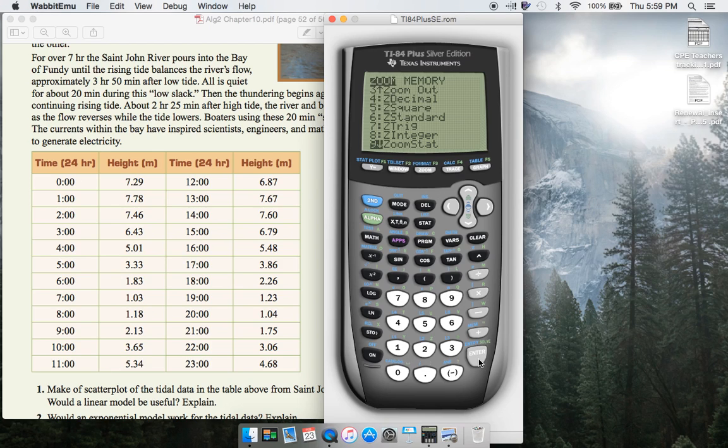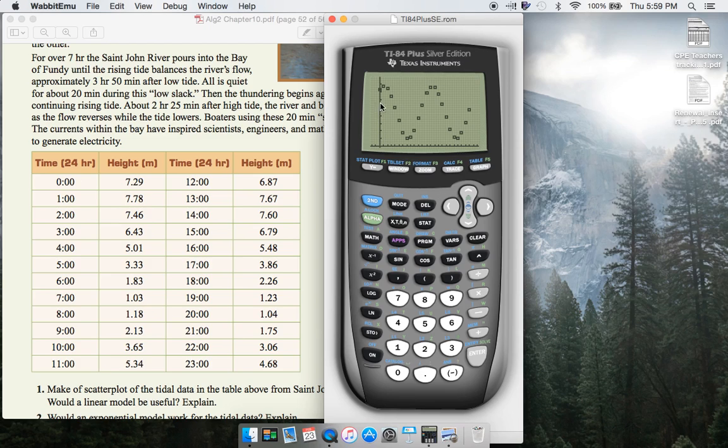I don't want anything cut off. And so when I press enter, there it is. These little dots all represent the data that we plugged in. Where my X and Y axis intersect, that means time 0, height 0.